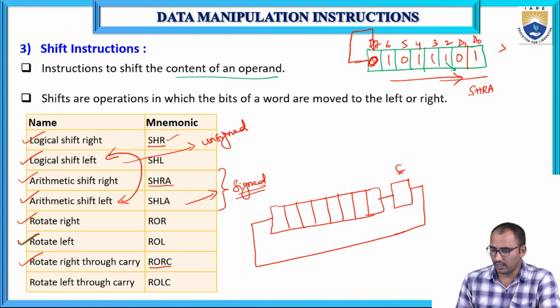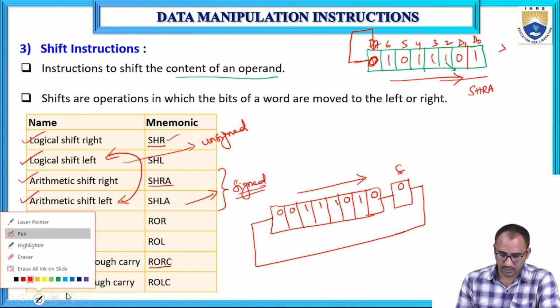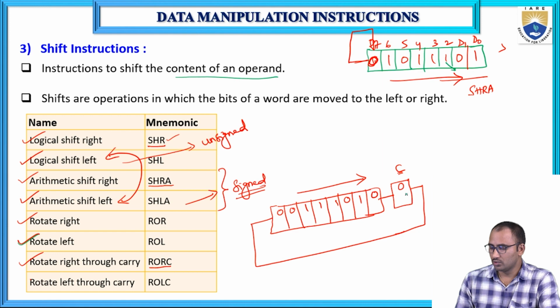Suppose you have the data 0 0 1 1 1 0 1 0 and let us assume the carry flag is 0. When you perform rotate right through carry, what will happen? Whatever 0 is there in the carry flag will be loaded into the D7 position.